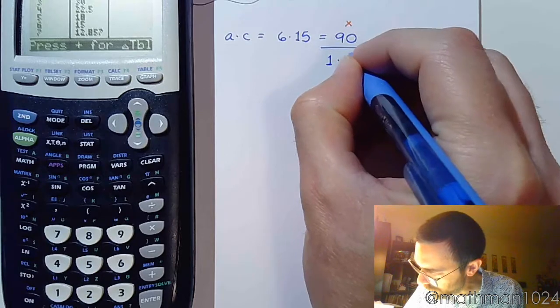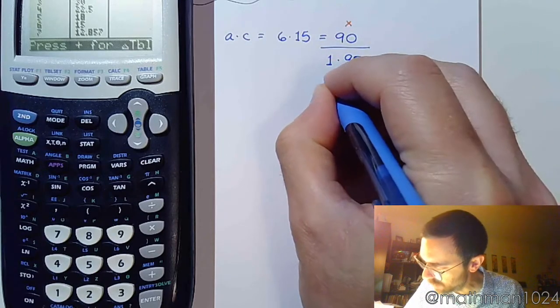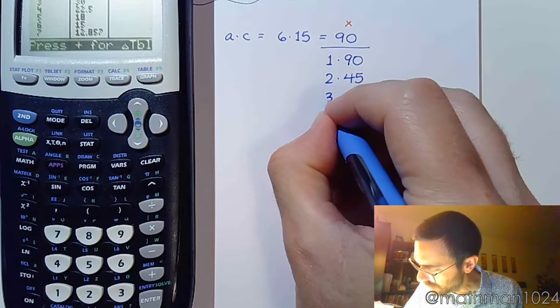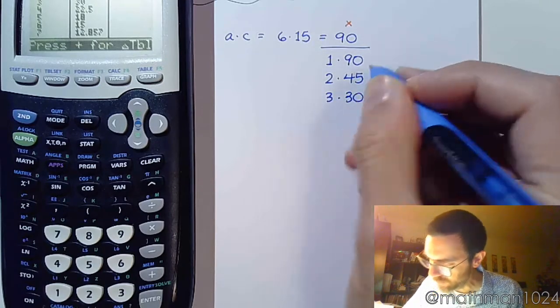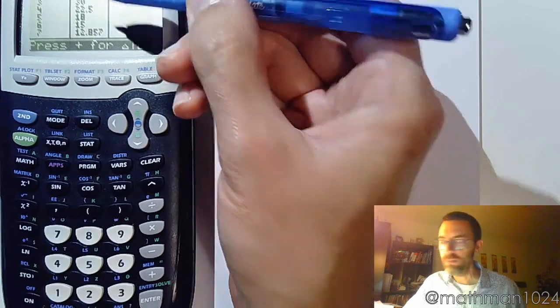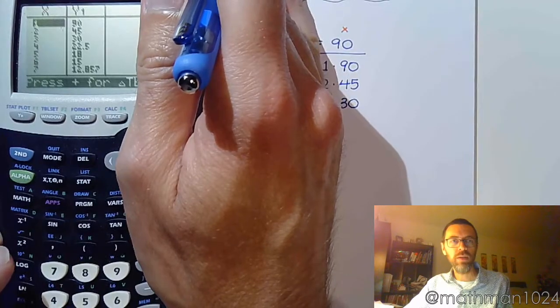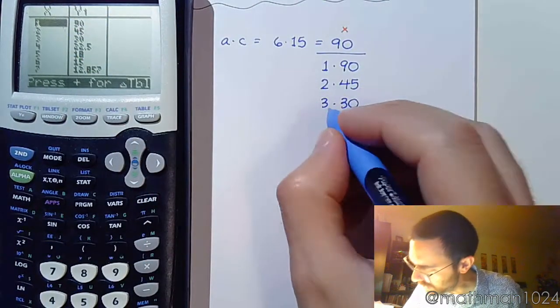All right, so you've got 1 times 90, 2 times 45, you've got 3 times 30, 4 doesn't work. Oh, I'm so sorry. It's too high up there. We've got 5 times 18.